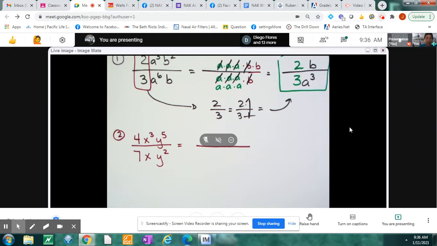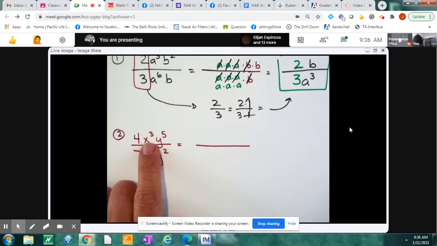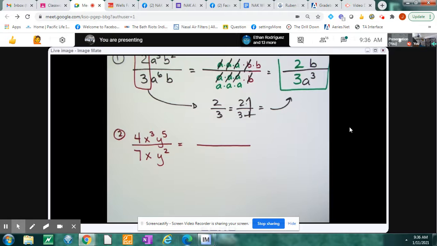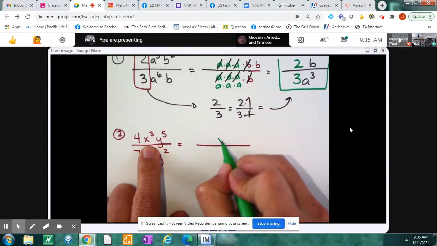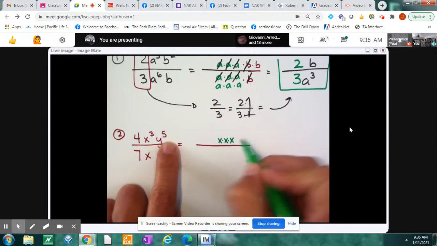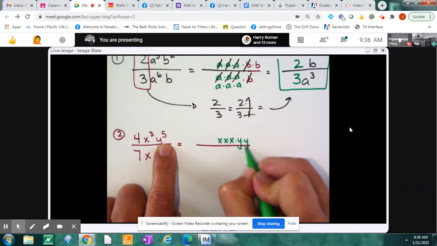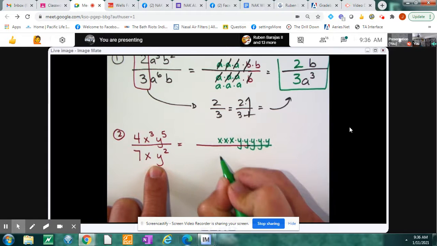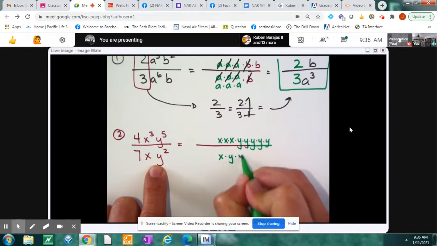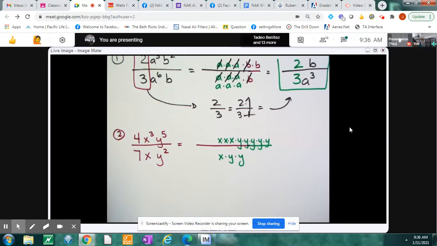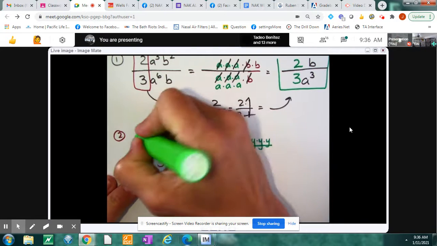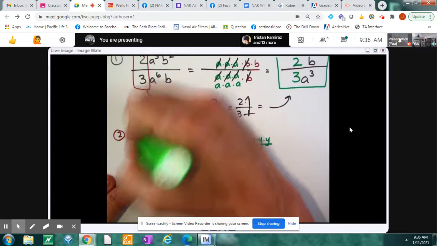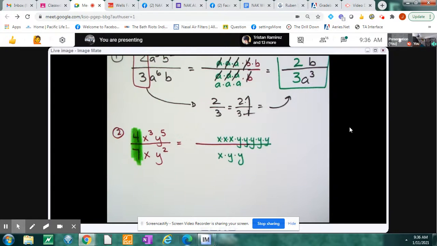So we're going to go ahead and do the exponents. Let's write them out. X to the third, y to the fifth, x, y, and then y to the... all right.